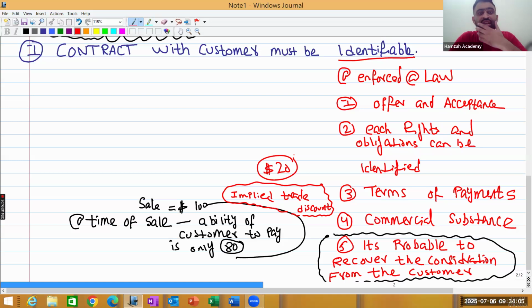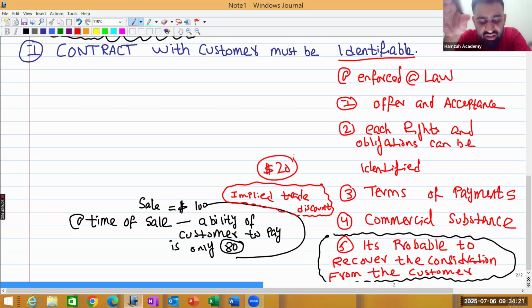You cannot record the revenue at $100 and then record a bad debt of 20. In calculation terms, the result would be the same. You record 100 and then record the bad debt of 20, but that would be the wrong treatment.